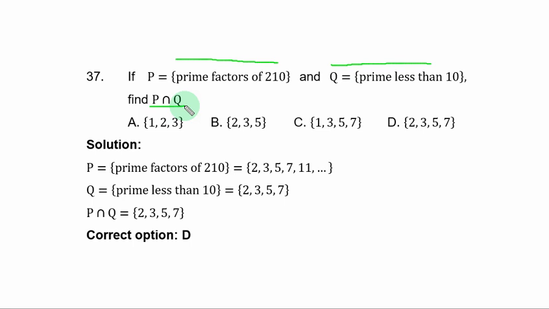So for less than 10, the primes there are 2, 3, 5, 7. They are also in 210. So the intersection is 2, 3, 5, 7. That is option D. Mind you, prime numbers are numbers with two factors, 1 and itself. D is the correct option.